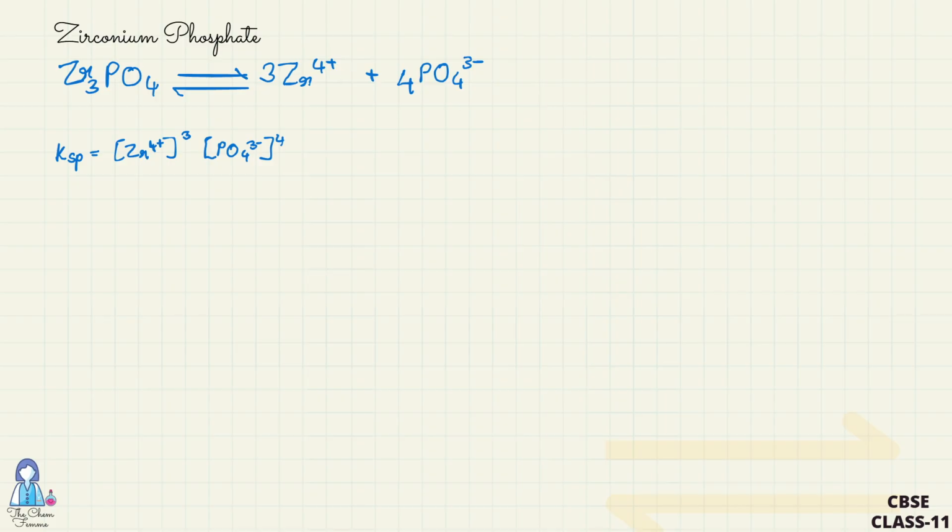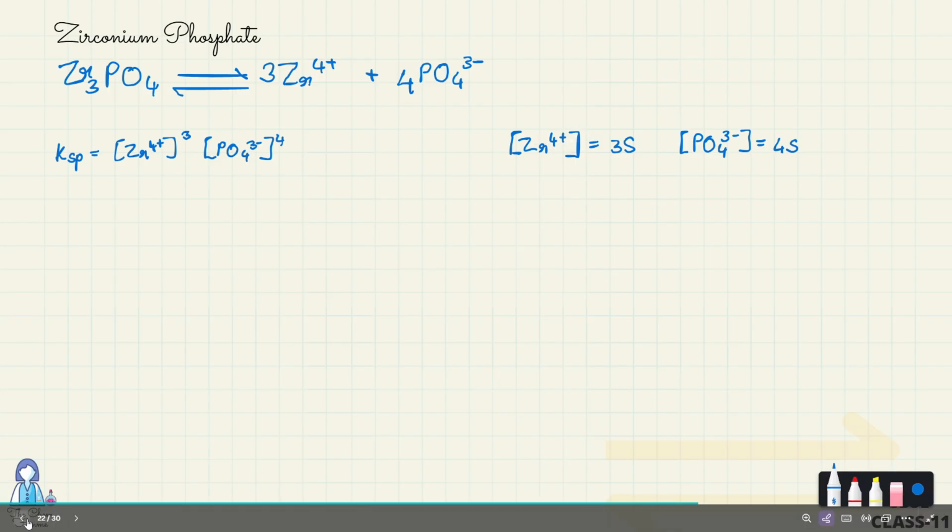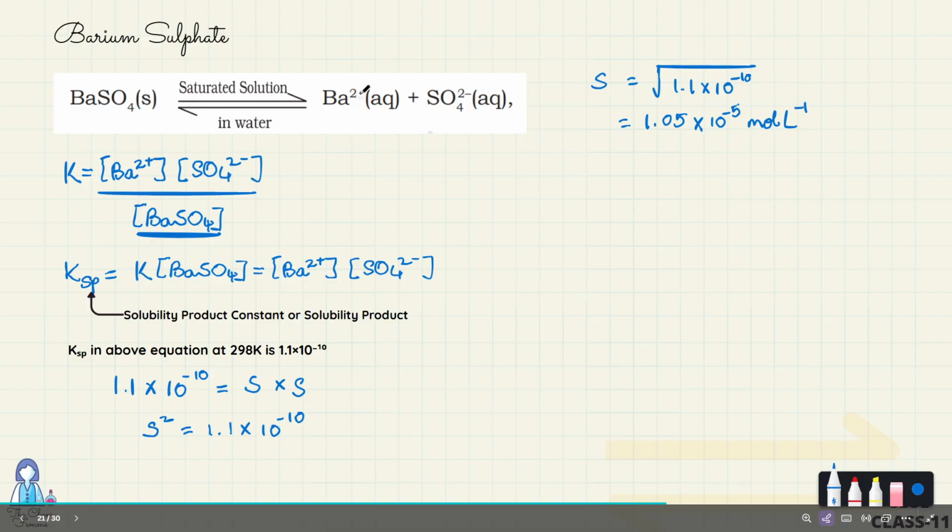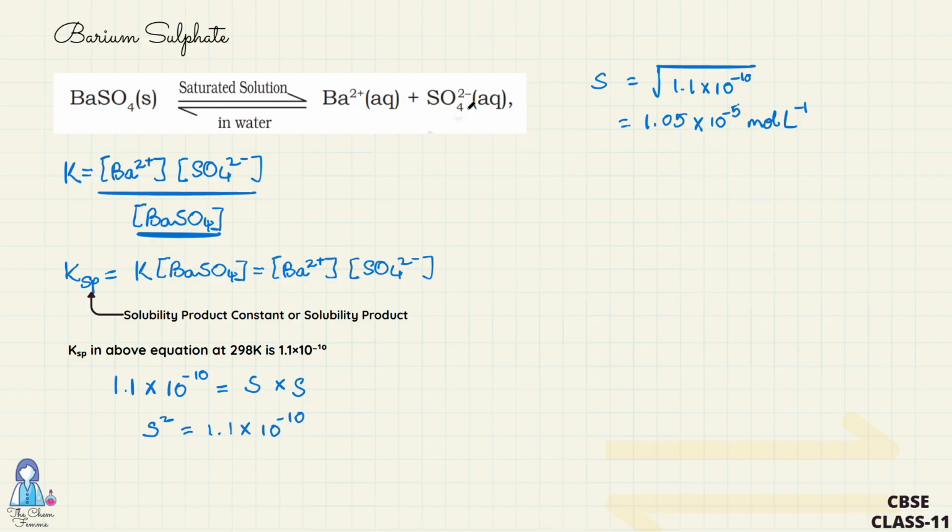Okay, so the next thing, obviously we want to try and calculate the solubility of the particular salt. So we have Zr4+. Now in the previous example when we took barium sulfate, because you just had one ion, we didn't have to consider the stoichiometry, we didn't have to consider any of those things.